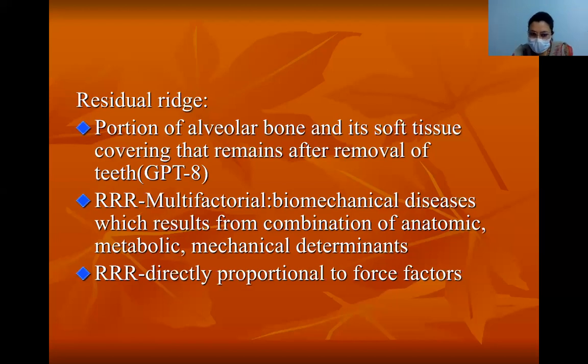So residual ridge resorption is a multifactorial phenomenon. This I have already taught you before. And also residual ridge resorption is directly proportional to the forces applied. So this is very clear to all of you. And I'll not go into the detail of residual ridge resorption and the factors which affect it.